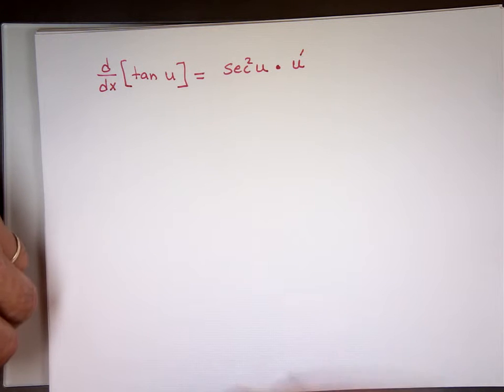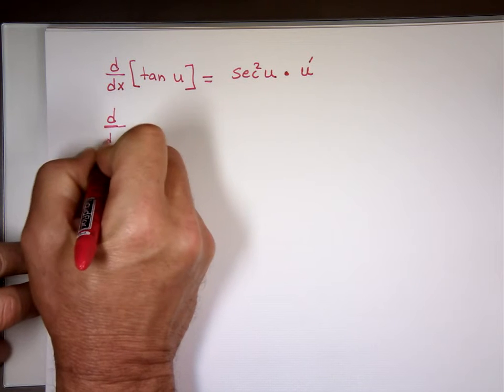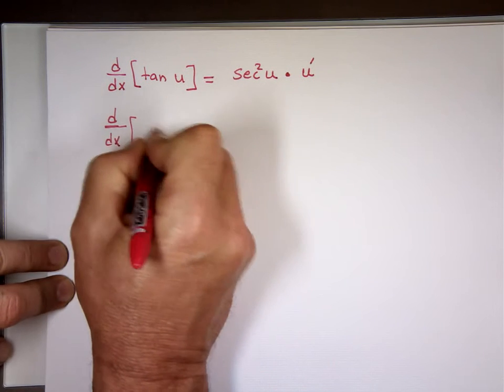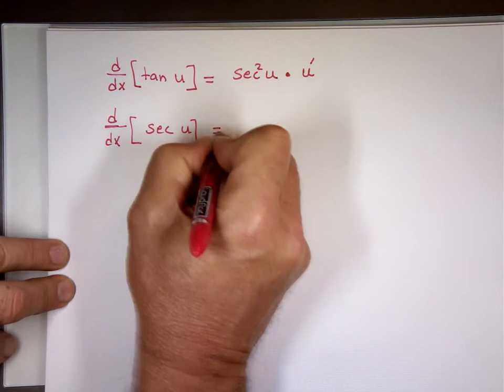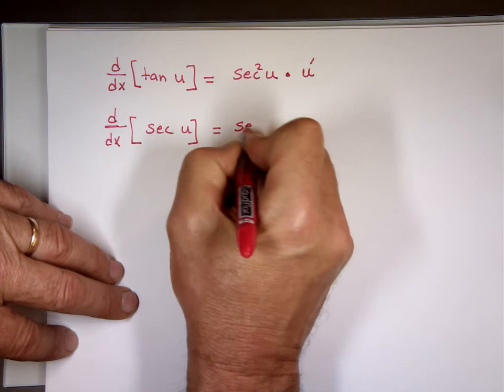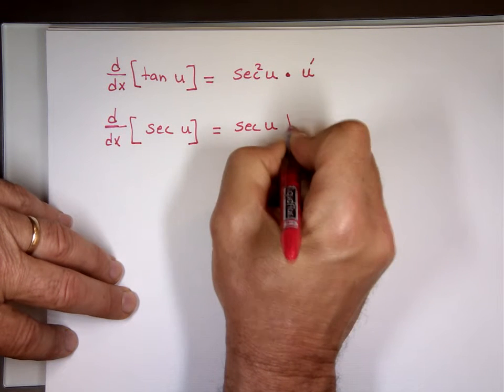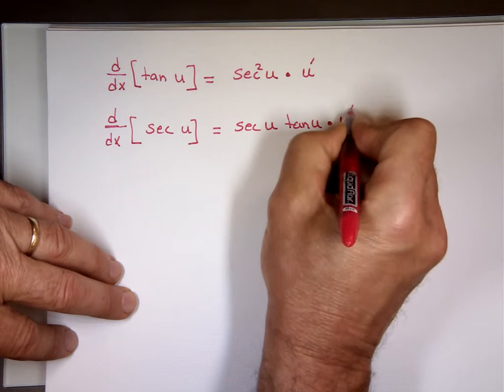You got to add that little extra piece. What's the derivative, I'll do an example in a minute, of secant u? Derivative of secant is secant tangent. And add that little extra piece, which is what? U prime.